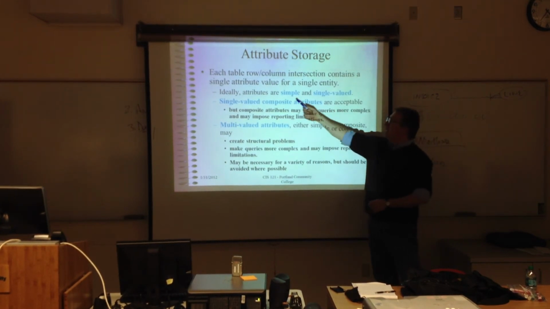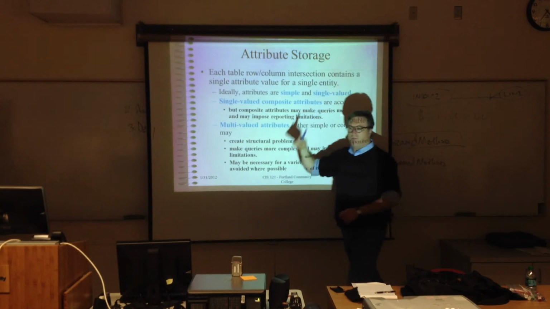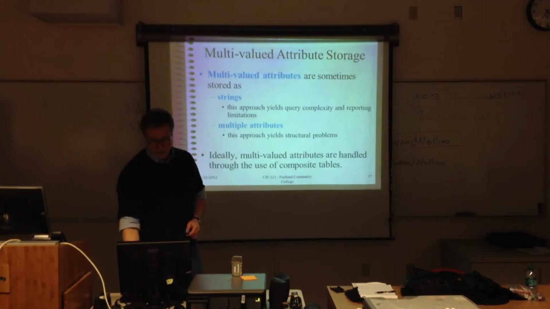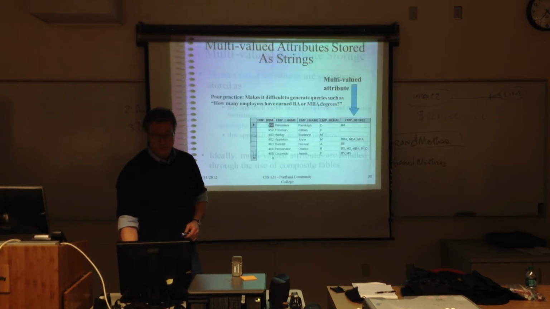So, bottom line, head for simple, head for single value. I'm not gonna worry about all the different ways you can manage multi-value attributes, because I just told you not to do them. So, let's go forward.